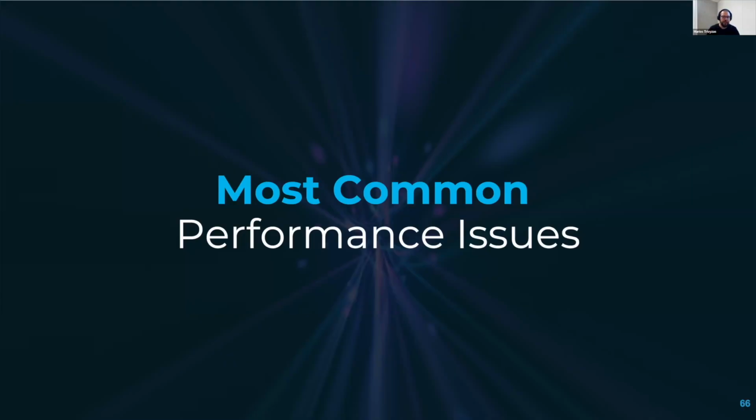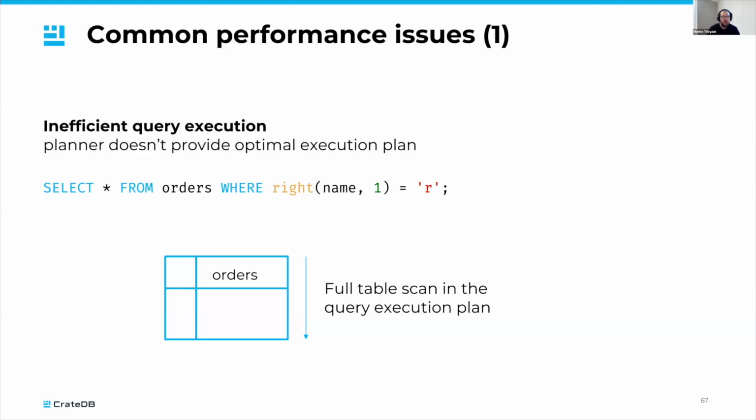So next we will talk a bit about common performance issues. The most common performance issue, the basis of a query, is a full table scan instead of using the indices.